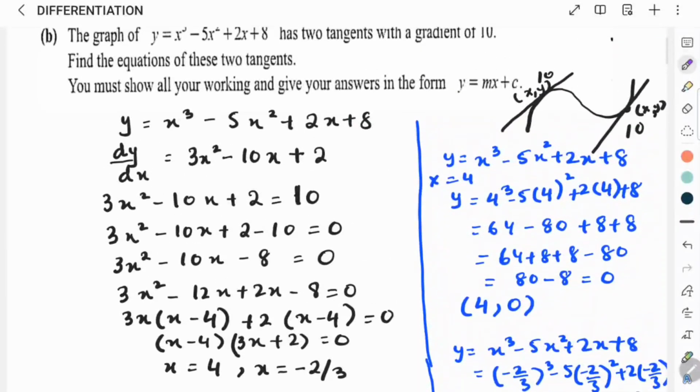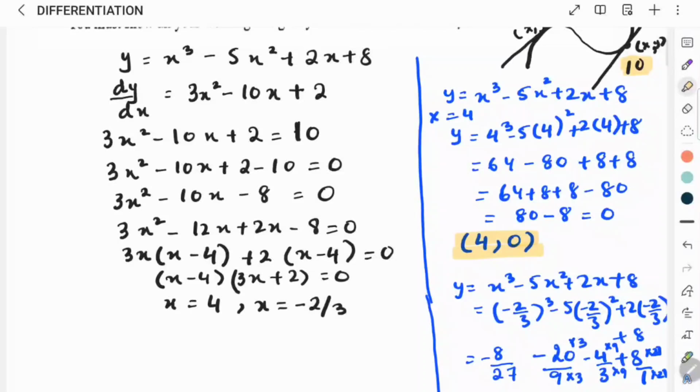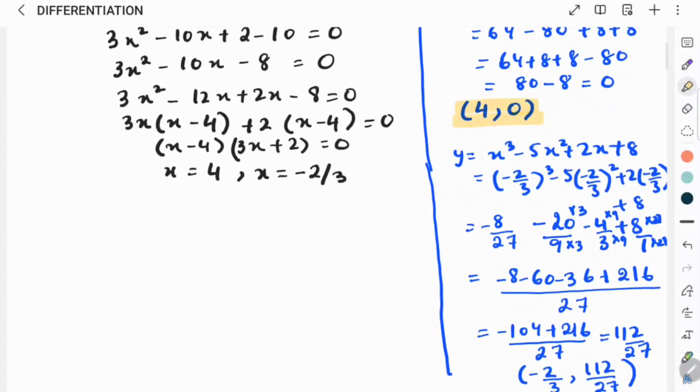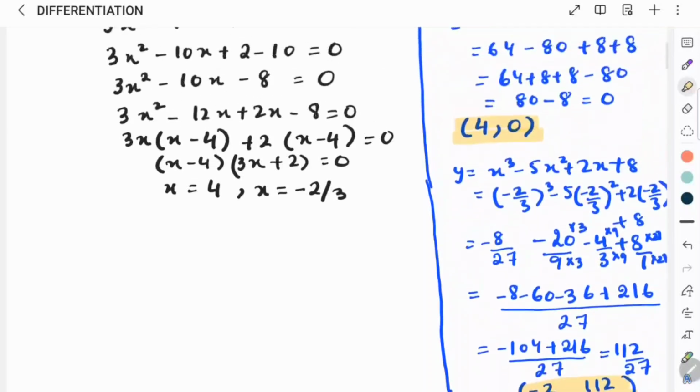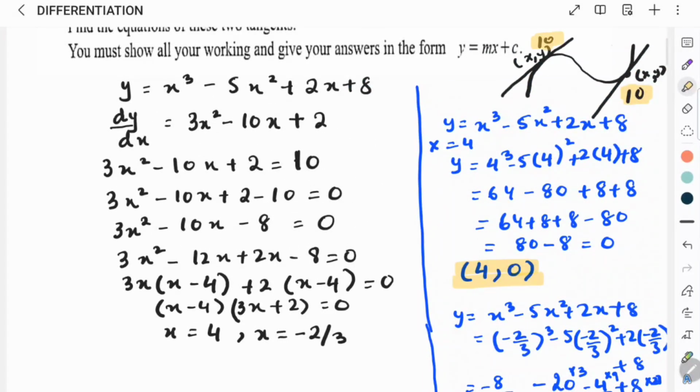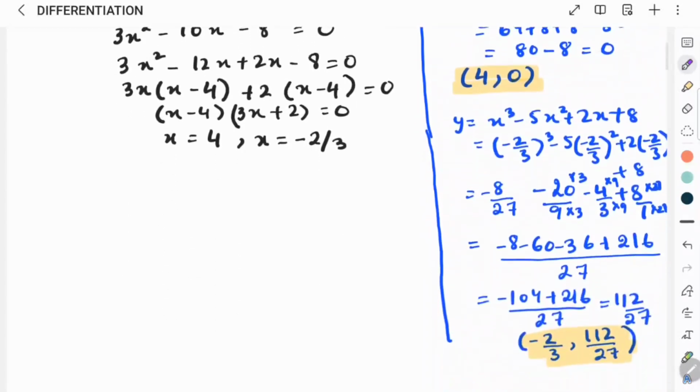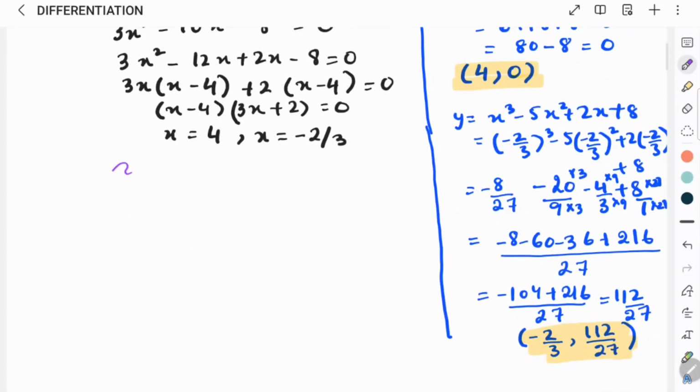So here you know that you have (4, 0) with the gradient 10, and (minus 2 upon 3, 112 upon 27) with the gradient 10. Okay, so with both gradients 10, we are finding the equation of the tangent. So first of all, the gradient is 10 and the coordinate is (4, 0).